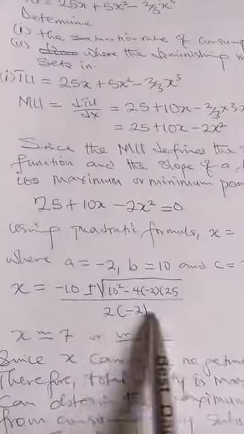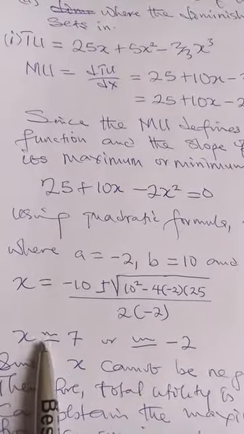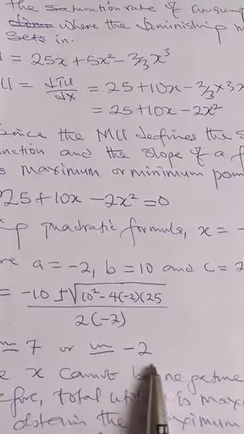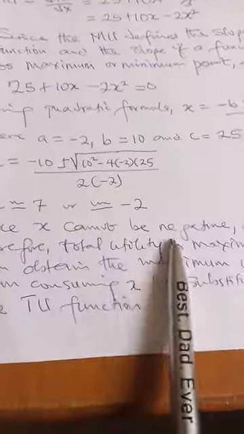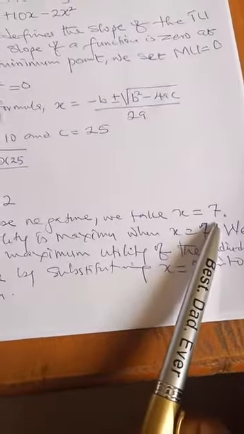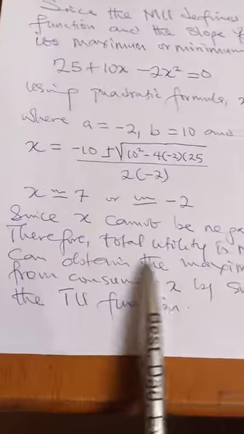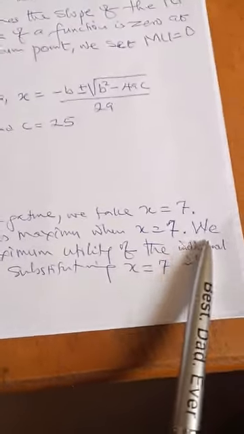So once you substitute and you work out, what you will get is either s is approximately 7 or s is approximately minus 2. Now, we do not consume negative commodity. Since we do not consume negative commodity, s cannot be negative. We then take s to be equal to 7. Therefore, total utility is maximum when s equals 7.